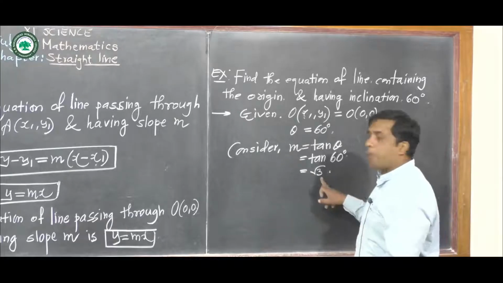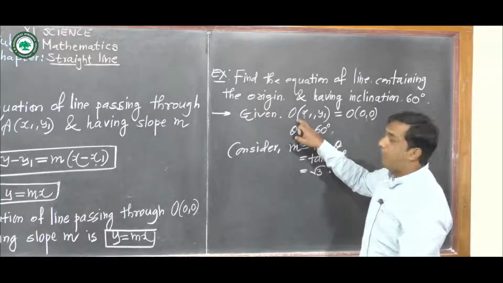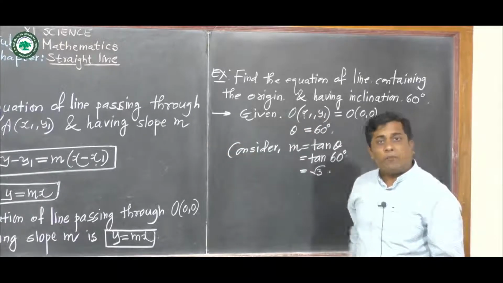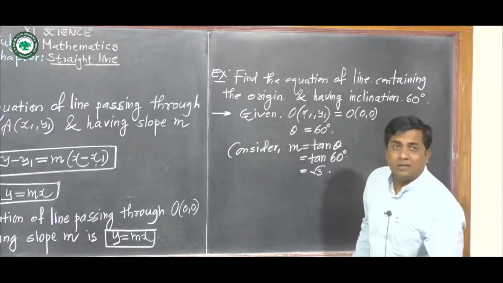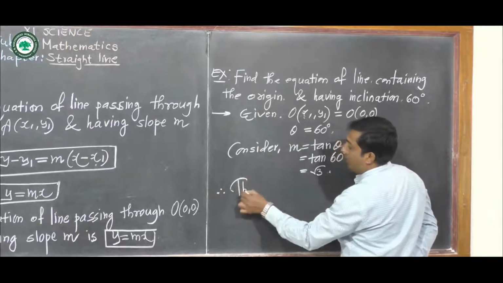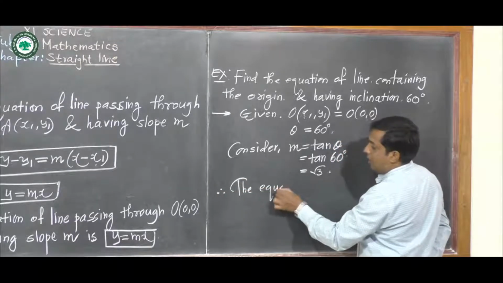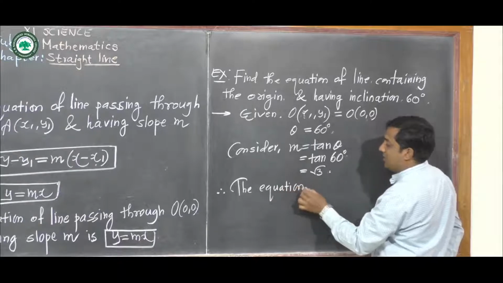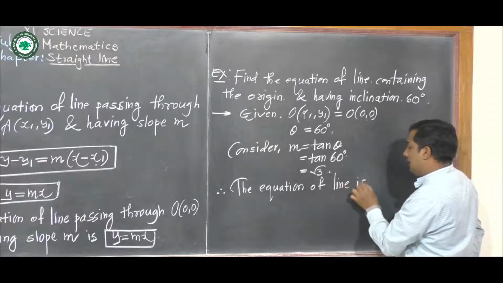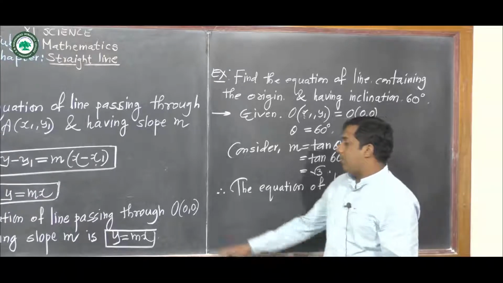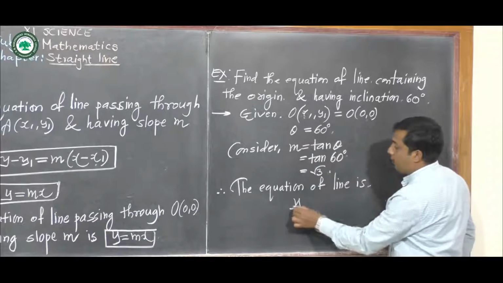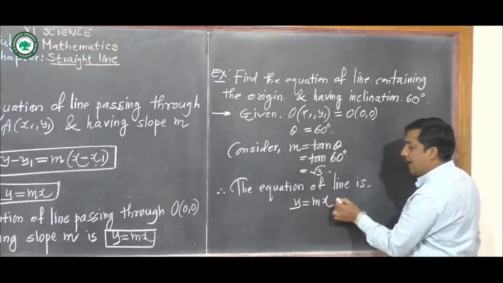Now we know the slope of the given line, we know our point, and using this form we find the equation of the given line. Therefore the equation of line is, since the line passes through the origin, we know the equation for this is y is equal to mx.